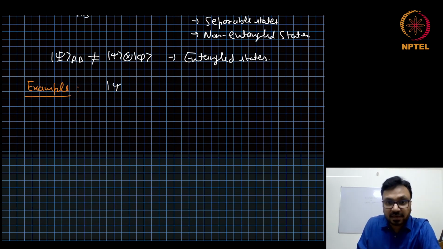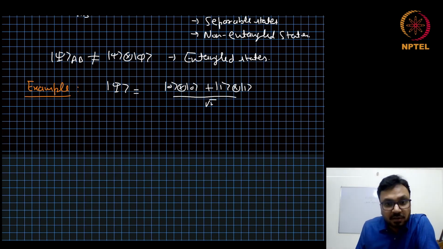Consider the state psi to be (0 tensor 0 plus 1 tensor 1) over root 2. So here alpha ij: there are four alphas, alpha 0 0, alpha 0 1, alpha 1 0 and alpha 1 1.